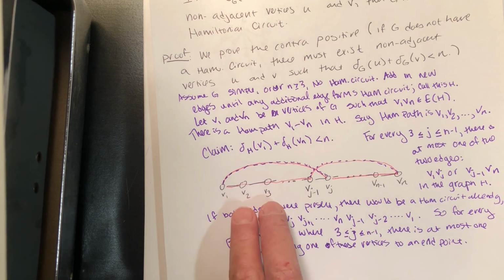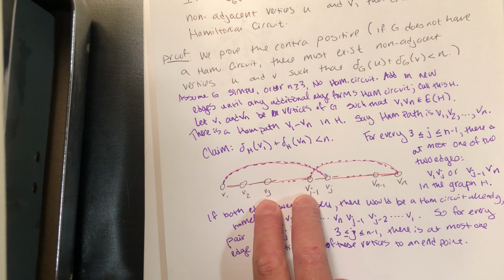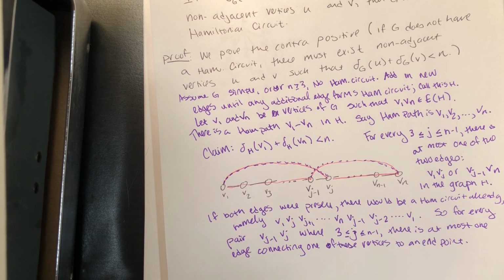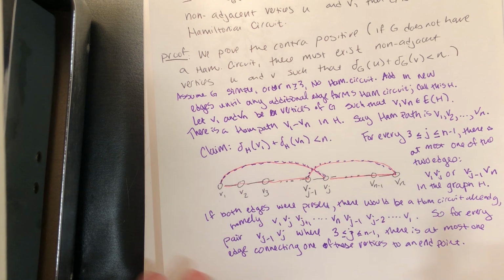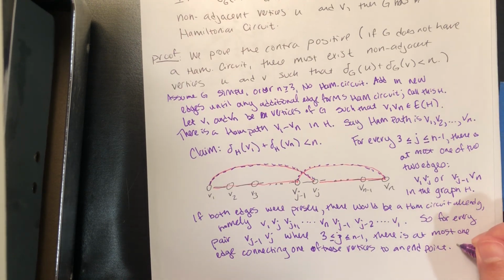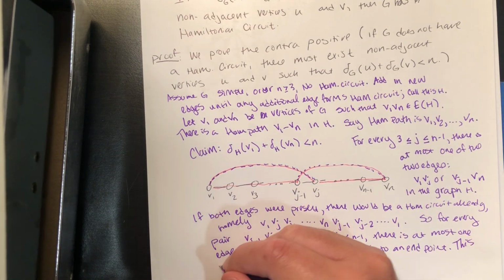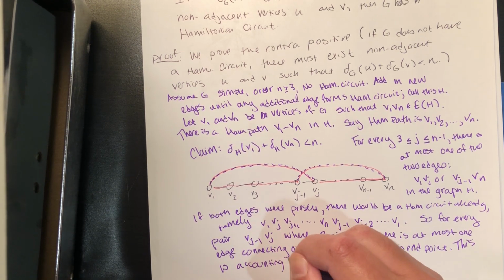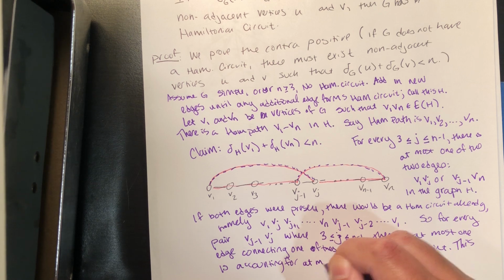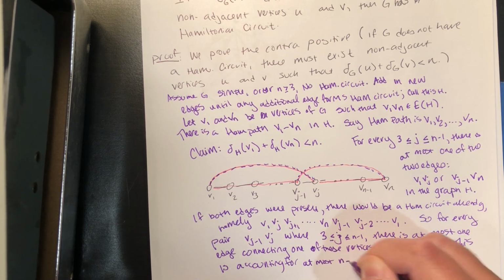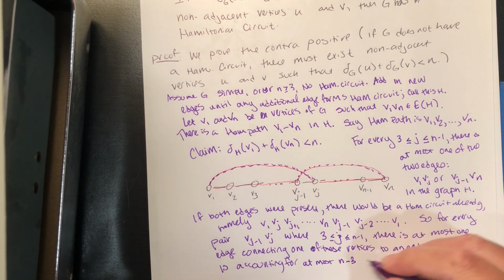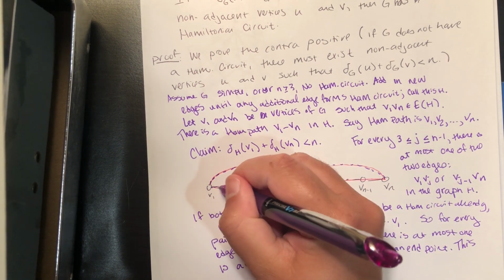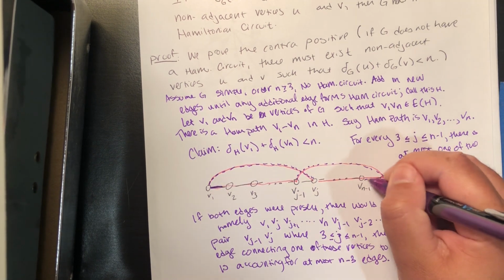You have one pair for V2, V3, one pair for V3, V4, all the way up to one pair for Vn minus 2, Vn minus 1, which gives us a total of, this is accounting for at most n minus 3 edges.